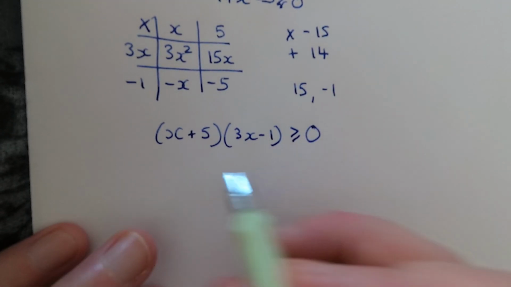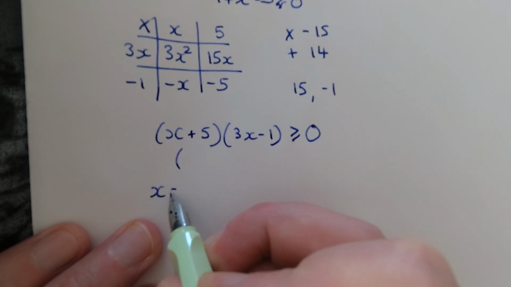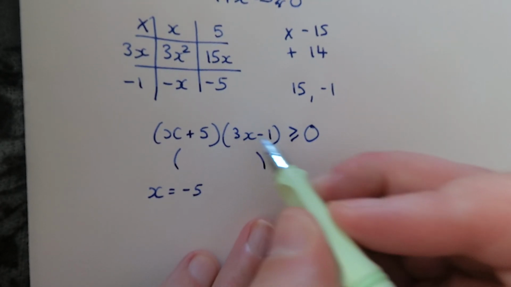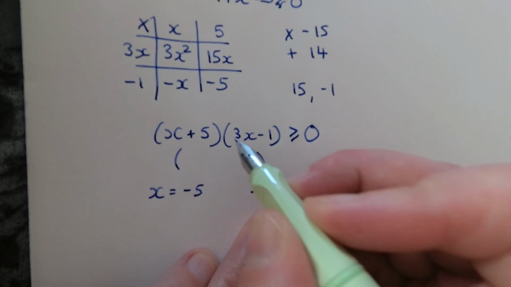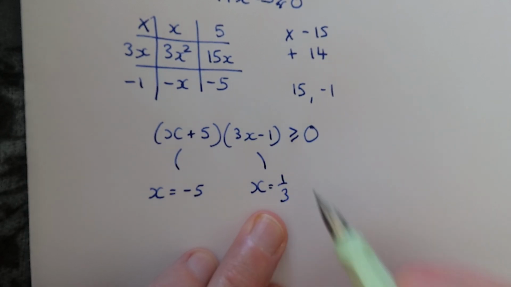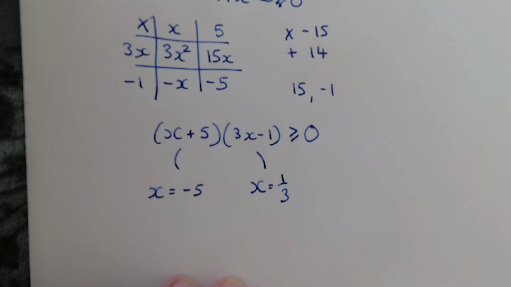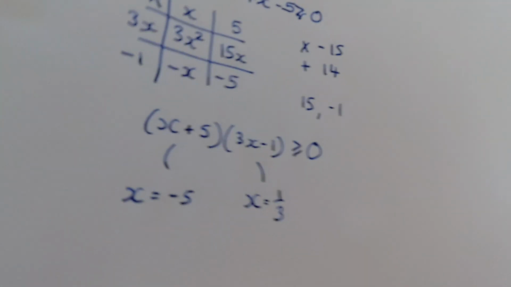Okay, so the roots of this equation occur when x is minus 5. Be careful with this one. When x is positive a third, because 3 times a third, take away 1, will give you 0. Let's sketch this.